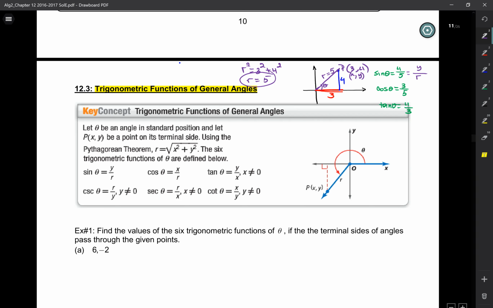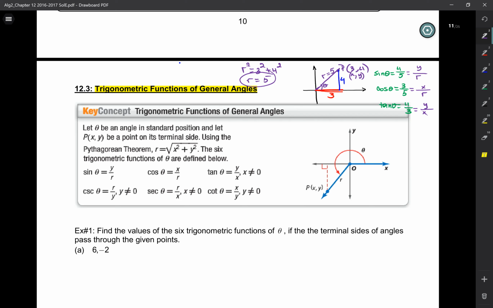Do you see that? And what's cosine of theta? It's just the x coordinate over r. And what's the tangent of theta? It's the y coordinate over the x coordinate.